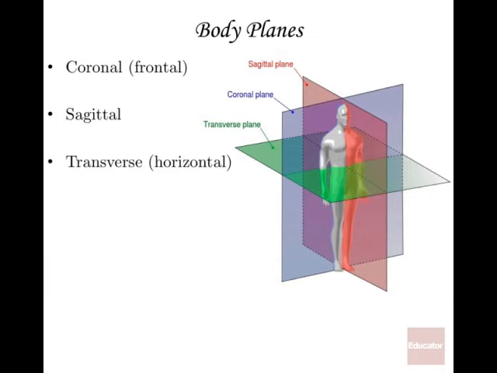So you could see that in blue here, this plane that's going right through this person, right through the middle of their body, that's a coronal or frontal cross-section or plane. So if we took the heart and cut right through it this way, that's a frontal section.